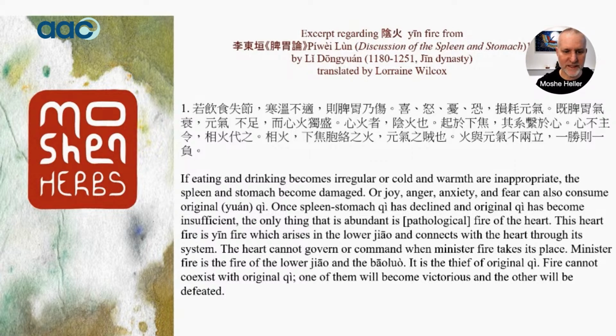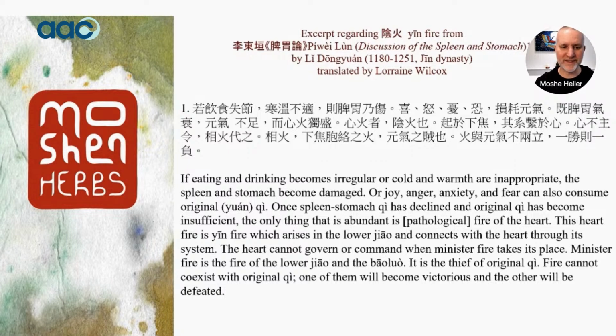Once spleen and stomach qi has declined and original qi has become insufficient, the only thing that is abundant is the pathological fire of the heart. So in a sense, this clear qi allows the balance between that and heart fire.